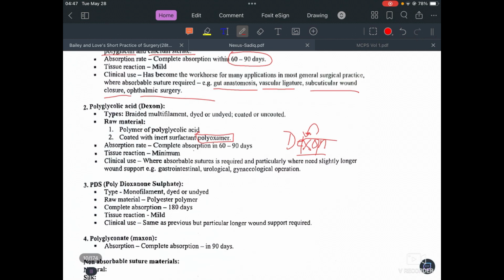Clinical use where the epidural suture is required and particularly where there needs slightly longer support, gastrointestinal, urological and gynecological operation. PDS, polydioxanone sulfate. Type is monofilament, dyed or undyed. Raw material, polyester. Complete absorption 180 days. Whereas the catgut is only 7 to 10 days.